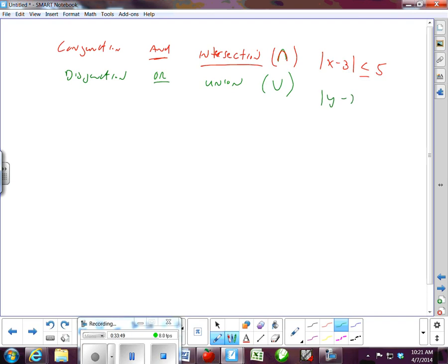A disjunction is going to be a greater than or equal to, and the solution is going to be the union. Again, I'll go over all those things with you as we get closer to the final, but you're going to have to review conjunctions and disjunctions.